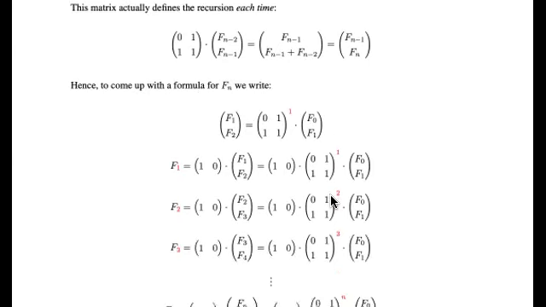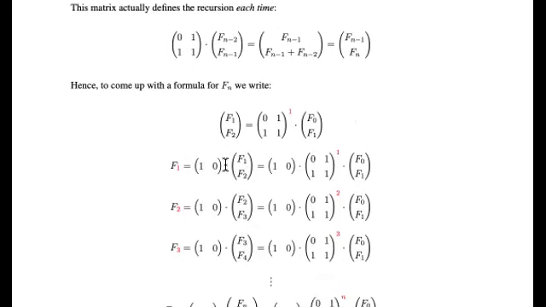Notice this is interesting because we're doing the same thing: F1 and F2, F2 and F3, F3 and F4. This line is the same as this one, except we added something else. We put a 1, 0 here. What does that do?